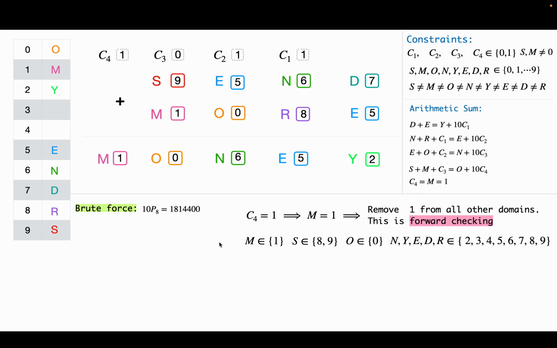So this would be the search space. M belongs to 1, S is limited to 8 and 9, O is taking only 0, and so on. The rest of the variables do not include 0 and 1. So that is one way to reduce the search space.